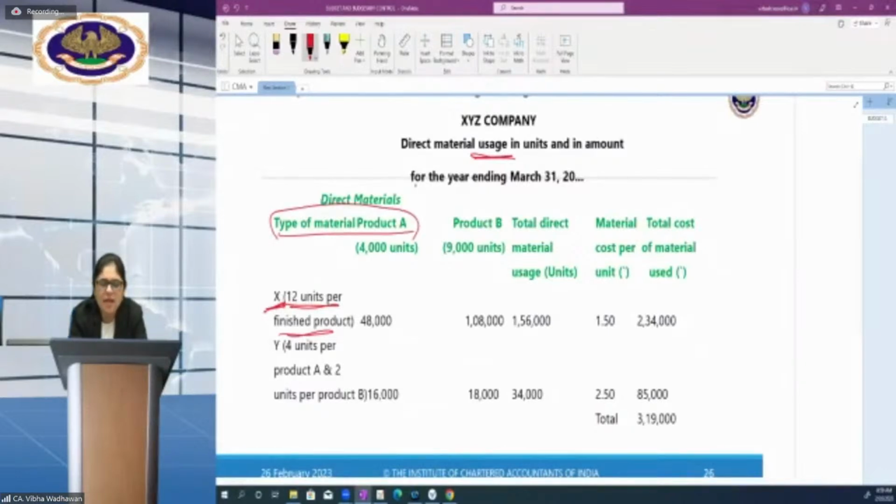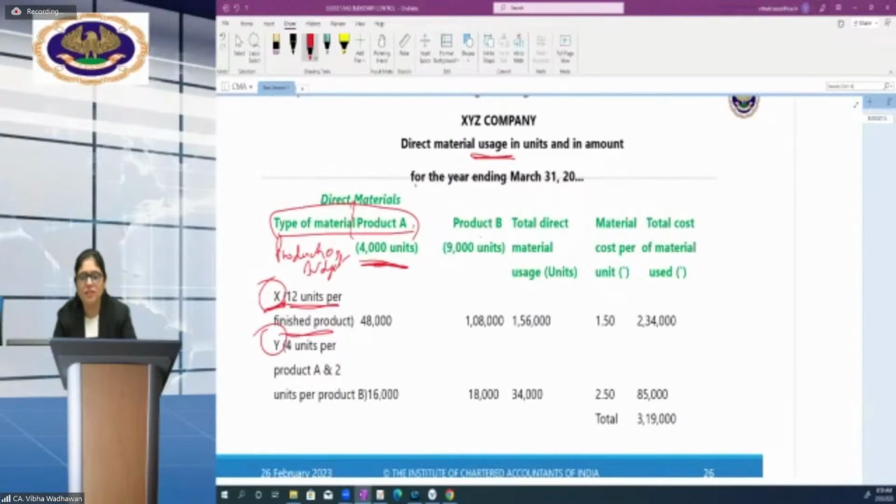In product A, the types of material will be X and Y. The production budget has given us the units: 4,000 units of product A have to be manufactured, and 9,000 units of product B have to be manufactured.